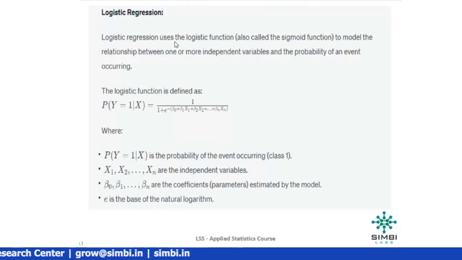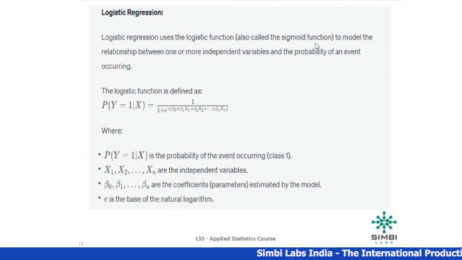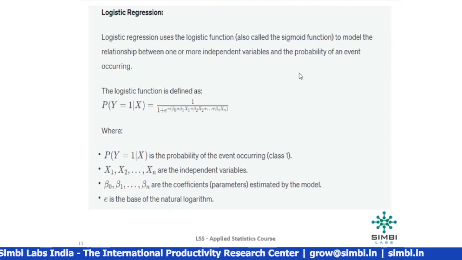And we can use the logistic regression function by following this formula. This function is also called the sigmoid function. It uses the relationship between one or more independent variables.